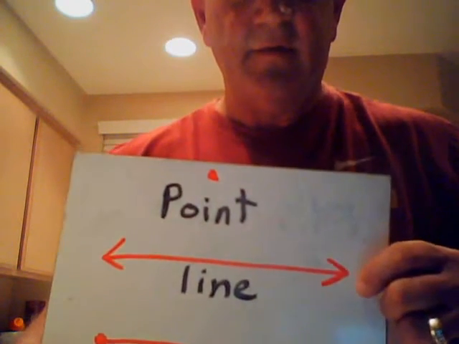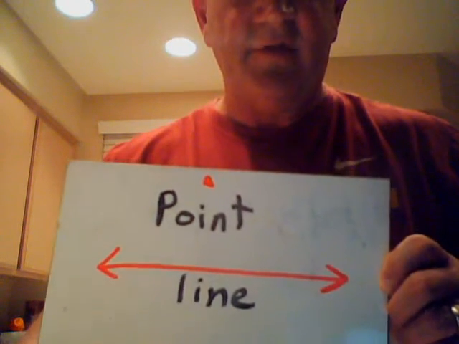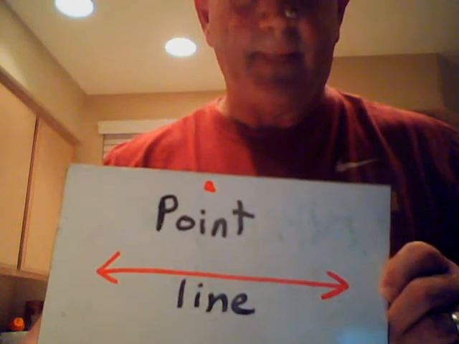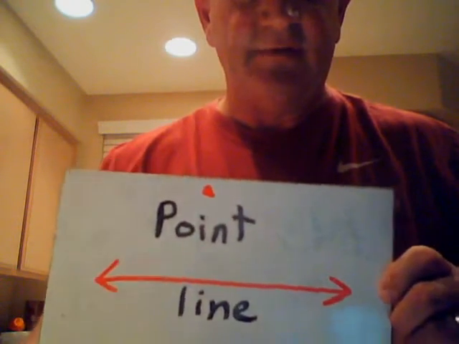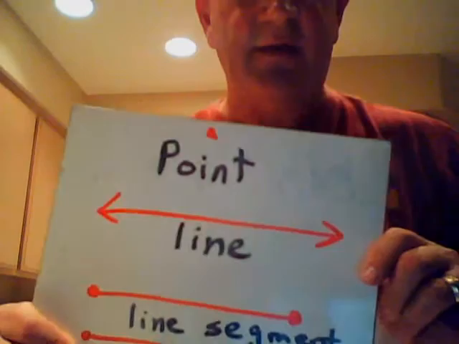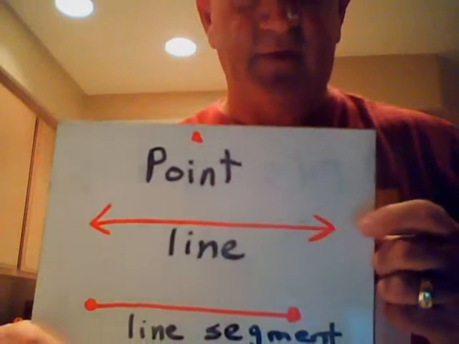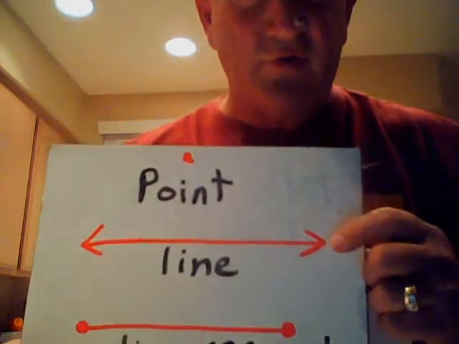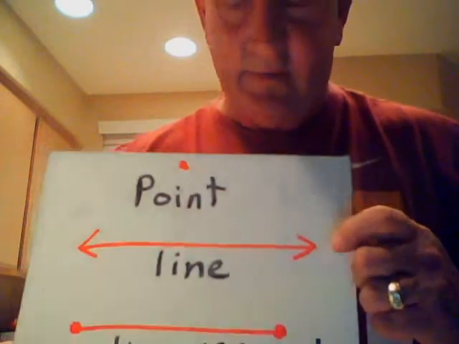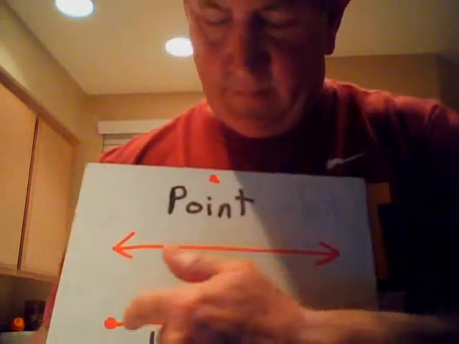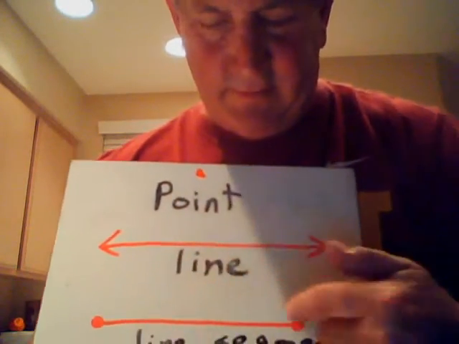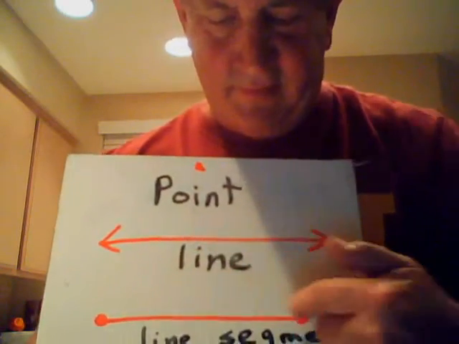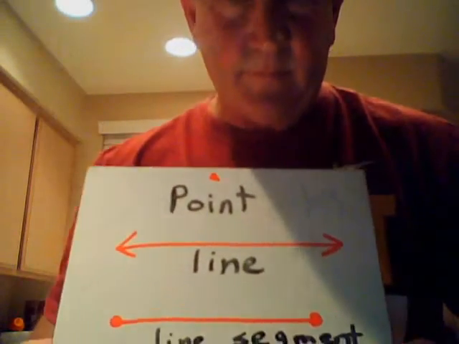A line goes endless in both directions. And that's why you have an arrow on both sides there. And then we have a line segment. A line segment means a portion or a part of a line. So from this point to this point, this is a line segment.